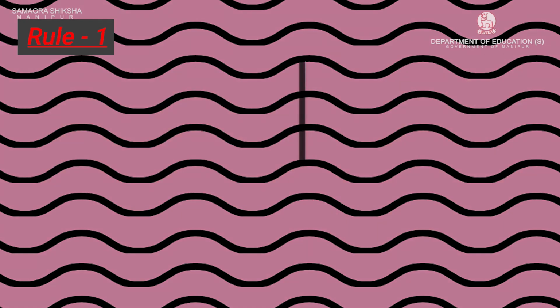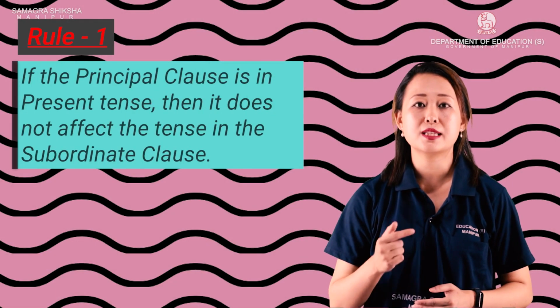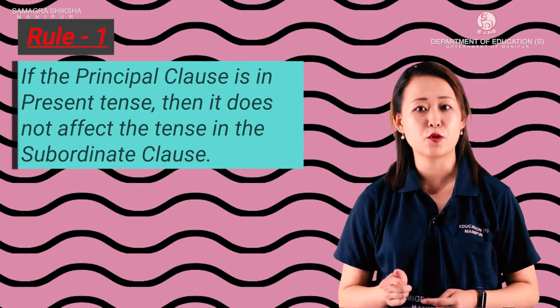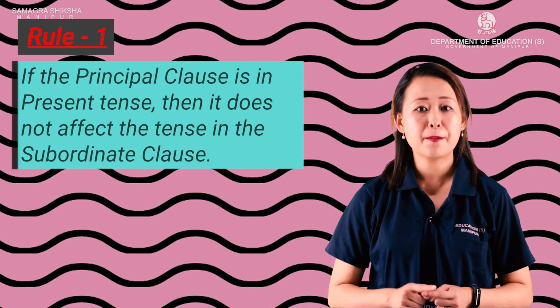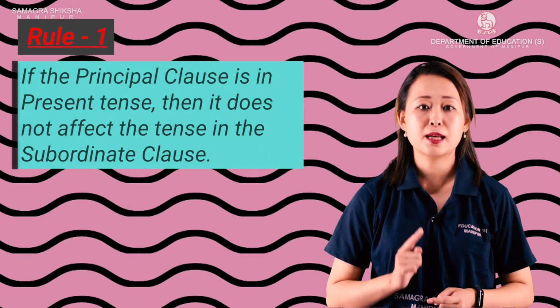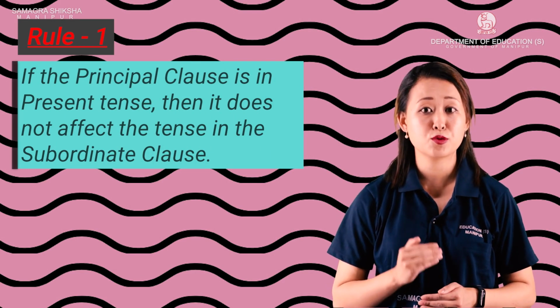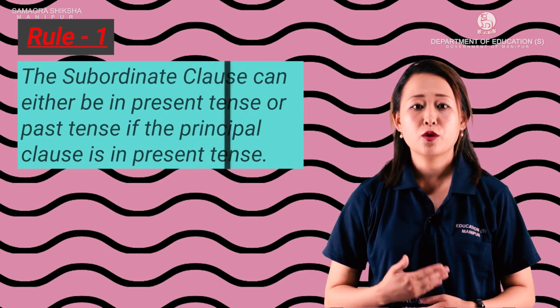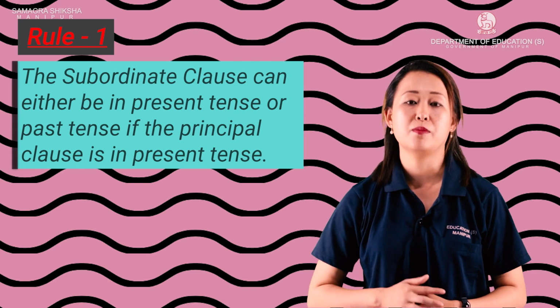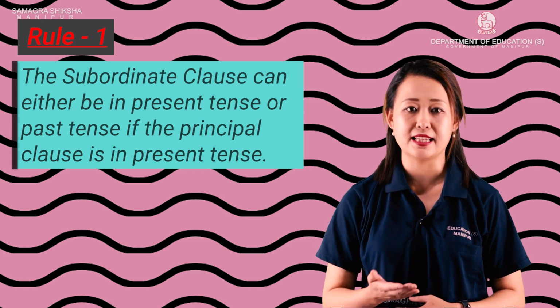And so, if the principal clause is in present tense, then it does not affect the tense in the subordinate clause. The subordinate clause can either be in present tense or past tense if the principal clause is in present tense.